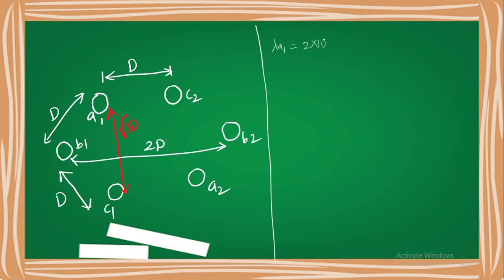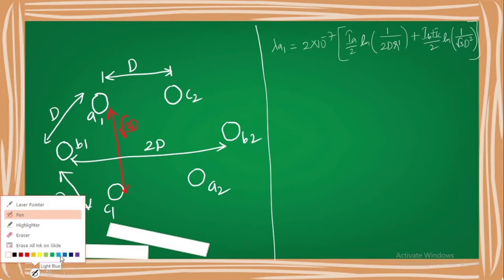So it is again 2 times 10 power minus 7 into IA by 2 into ln of 1 by 2d r dash, plus IB plus IC by 2 into ln of 1 by root 3 d square, right? So this is lambda A1. Now we know that as the system is under balanced condition, is it right?